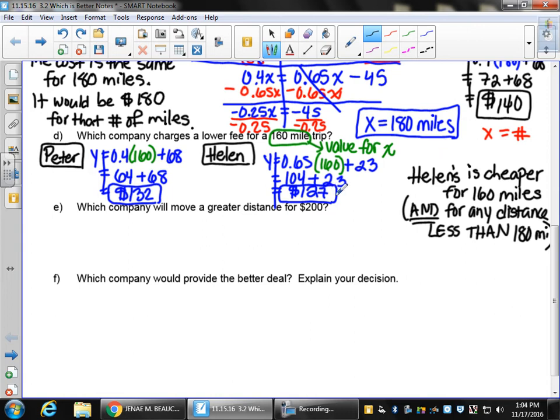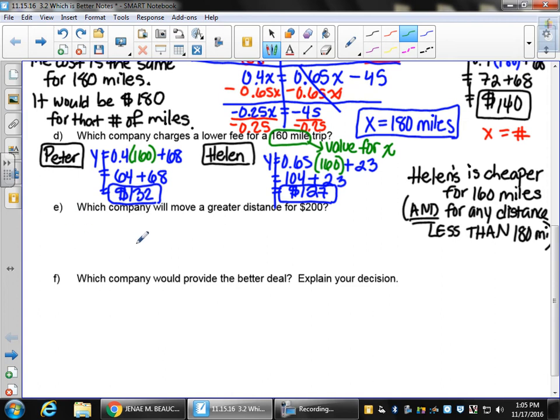So less than that value, one is better. And more than that number of miles, the other is better. 160 miles is a random value less than 180. Helen came out to be the better choice for that number of miles. If Helen's company is cheaper for 160 miles, her company will be cheaper for any value of miles less than 180.